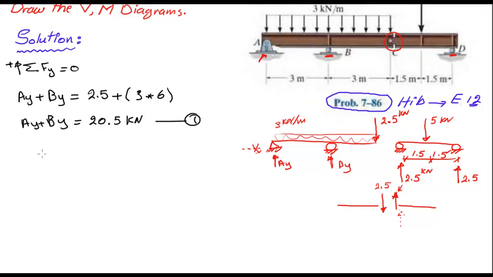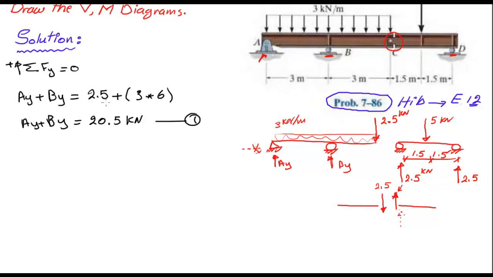Now remember, the three equations of equilibrium are the summation of the forces in the x direction equal to 0, and we didn't use this one because we don't have any forces in the x direction. Then the summation of the forces in y is equal to 0, which is the equation we just did.